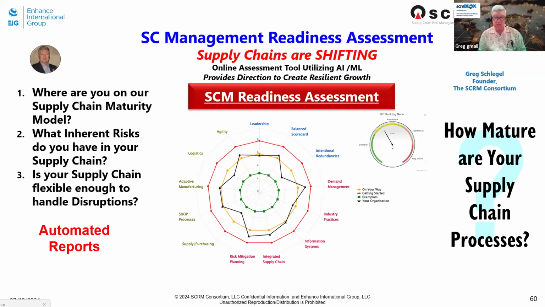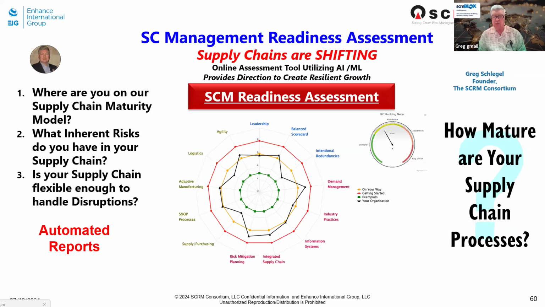That gives you a sense of where you are. The questions that are posed out of the exercise are: where are you on the supply chain maturity model? What inherent risks? These are all discussion points that tend to come out once you do the analysis. Is your supply chain flexible, like we've talked about? Is it flexible enough to handle disruptions?